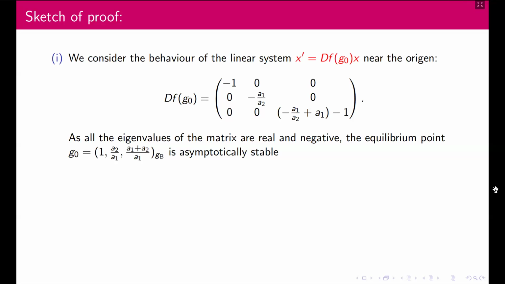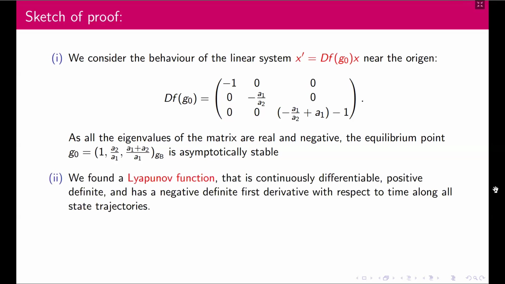A way to prove this is finding a Lyapunov function, which is a continuously differentiable positive definite function with a negative definite first derivative with respect to time along all trajectories. If we find this, we can prove that the fixed point is in fact globally stable.